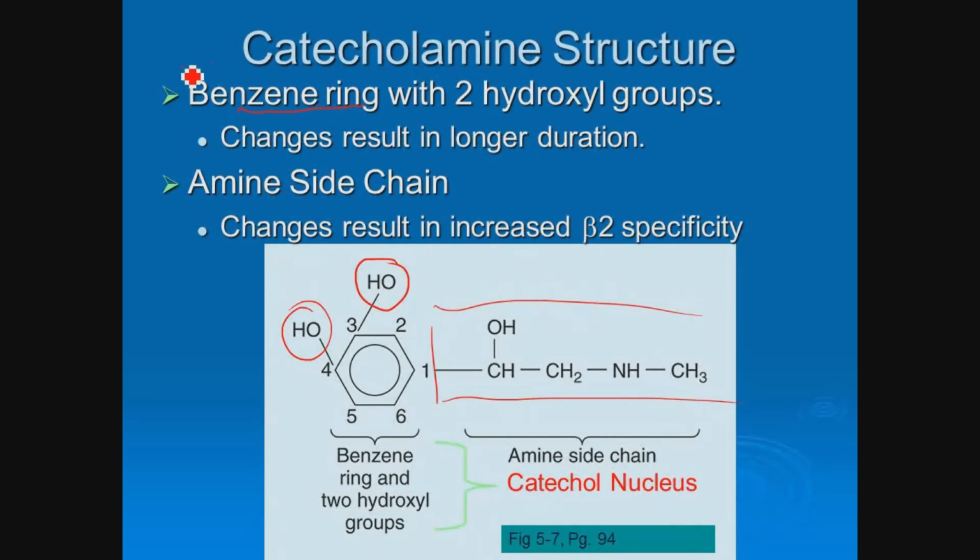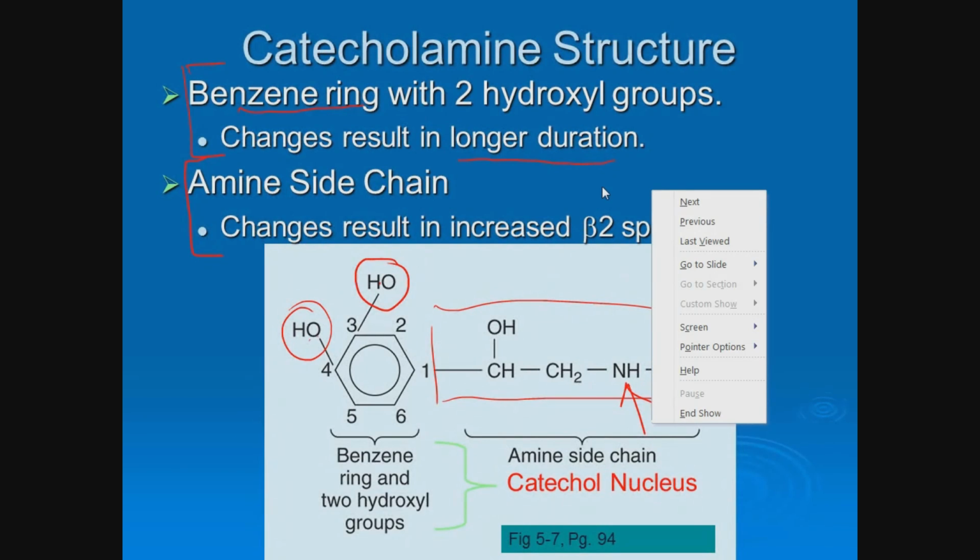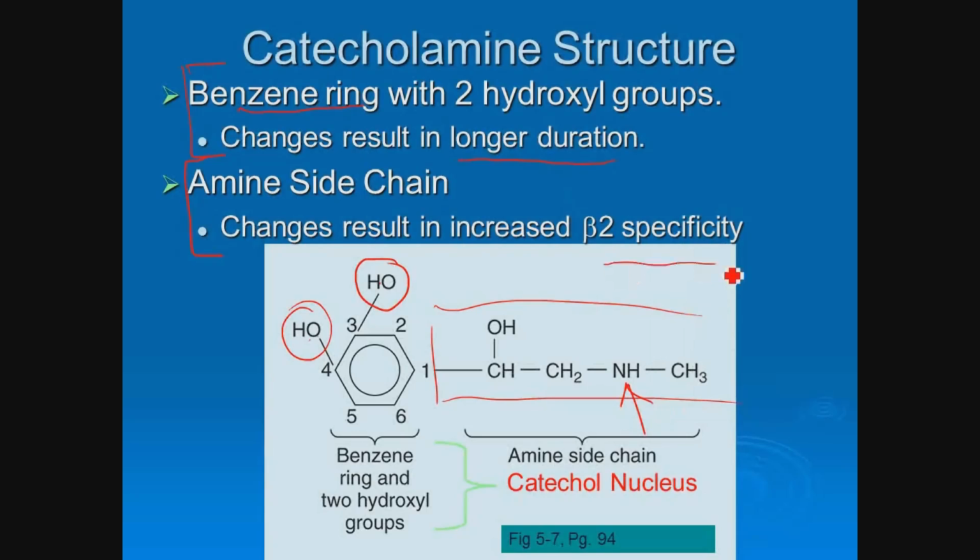Now, two important things to keep in mind here. Position of this hydroxyl group, the OH portion: if I move it around in different spots on the chain, I end up changing the duration, how long that medication will last. Changes to the amine side chain, changing the structure of this, will have a greater or lesser effect on beta specificity. So what's the ideal?